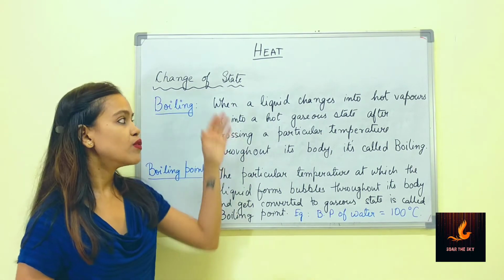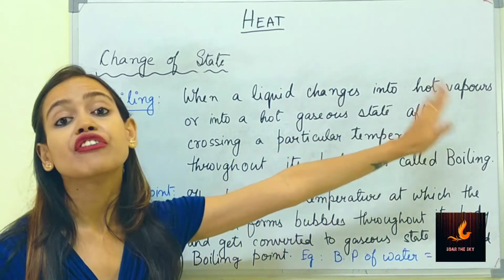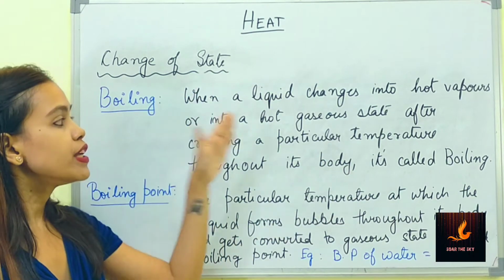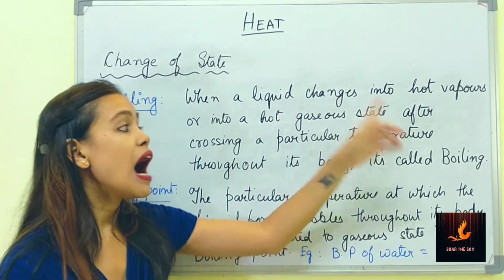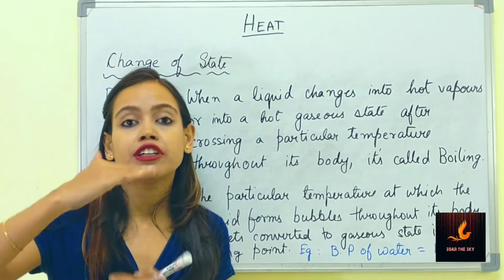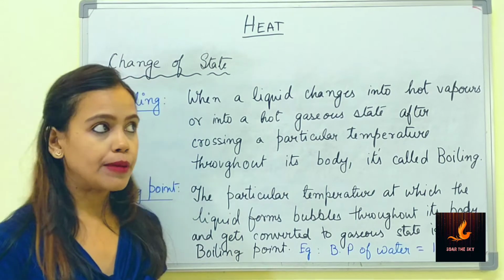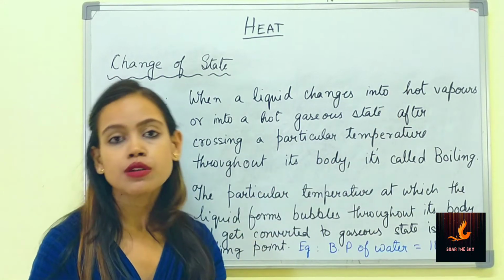What is boiling? When a liquid changes its state into hot vapors or into a hot gaseous state, after it crosses a particular temperature throughout its body, it is called boiling.